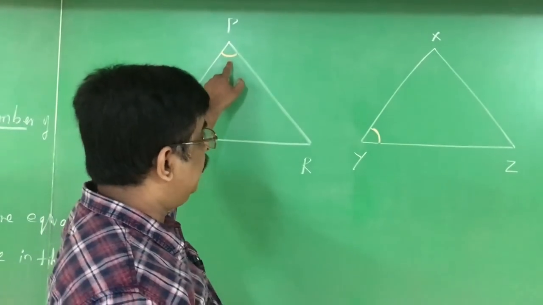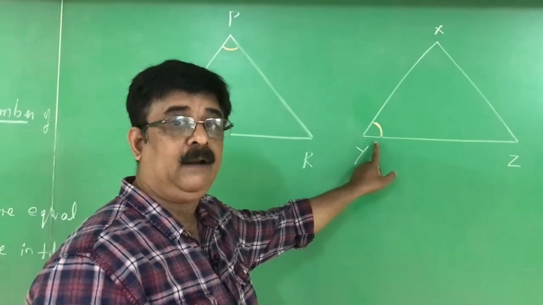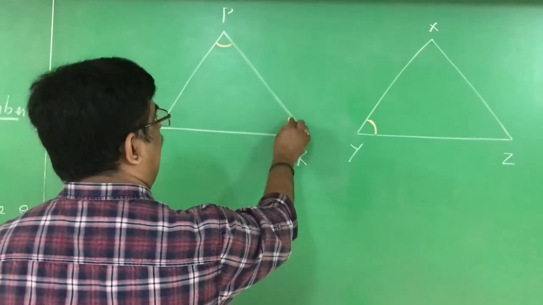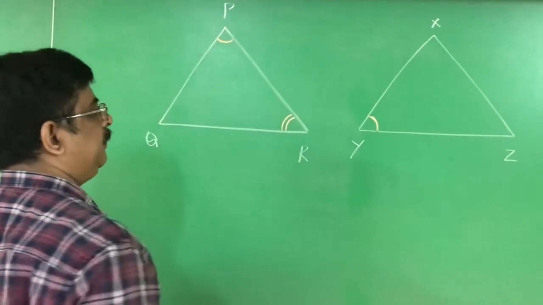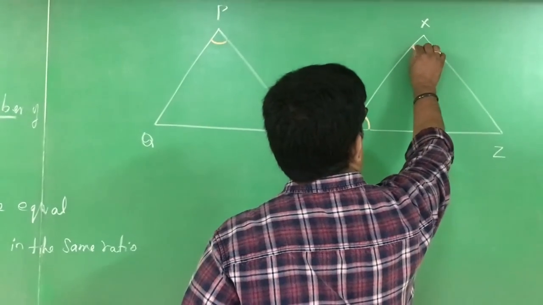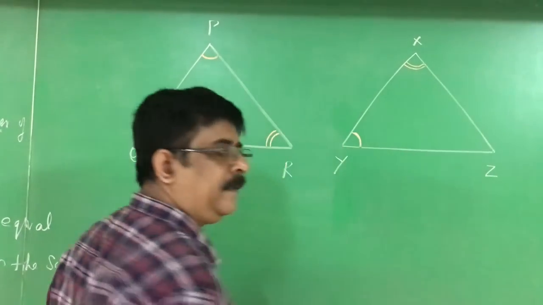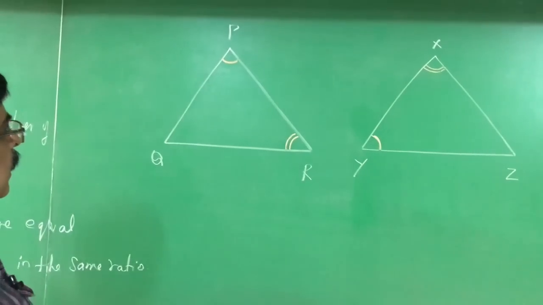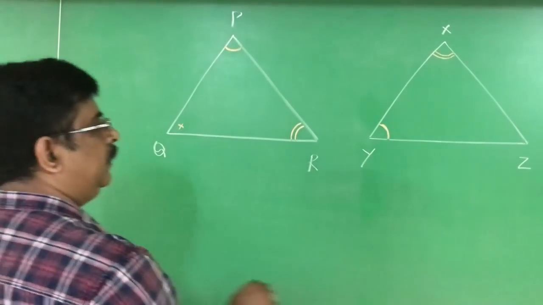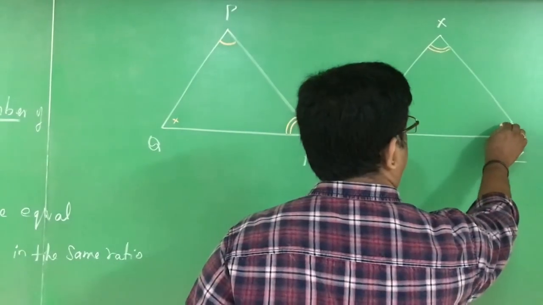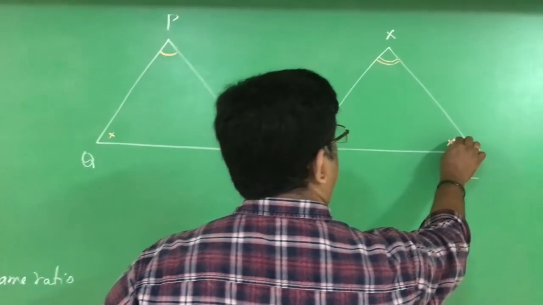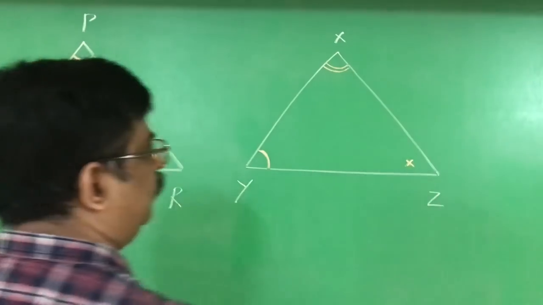Angle P is corresponding to angle Y. And then angle R I mark with a double arc. Here angle X as a double arc. Right? Then Q with a cross, Z with a cross. Right? You can put a triple arc also.